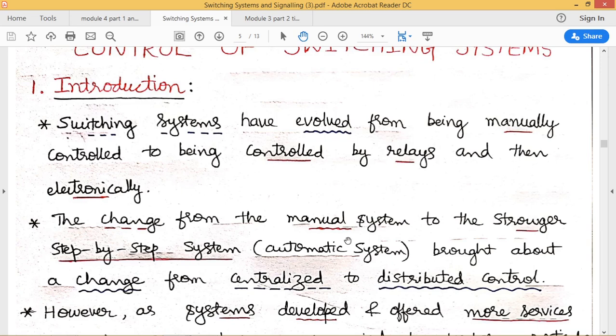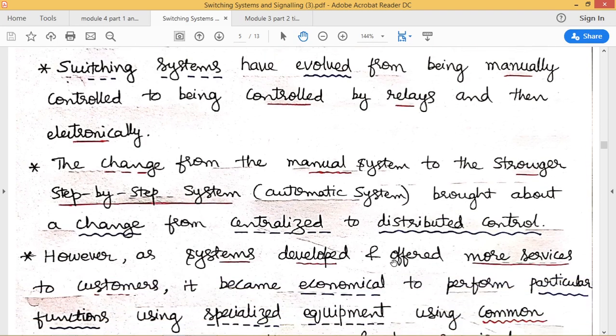But due to the invention of the automatic exchange, that is the Strowger step-by-step system, we were able to make use of distributed control. Distributed control means that, depending upon the area, we have distributed the control office. That is how distributed control takes place with the help of the invention of automatic exchanges.